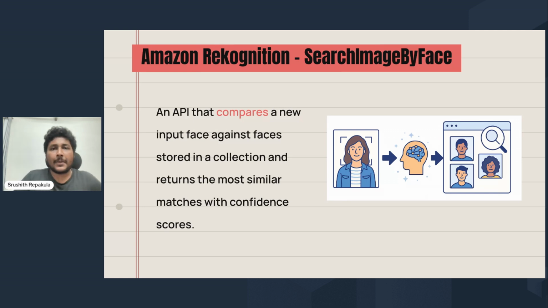You as a developer can decide and configure that confidence score, and we have configured, if I'm not wrong, 70 or 75%. What that means is, it is telling Rekognition to get me all the images where this face is present with at least 75% as the confidence score. That is exactly what is happening with this search image by face attribute.